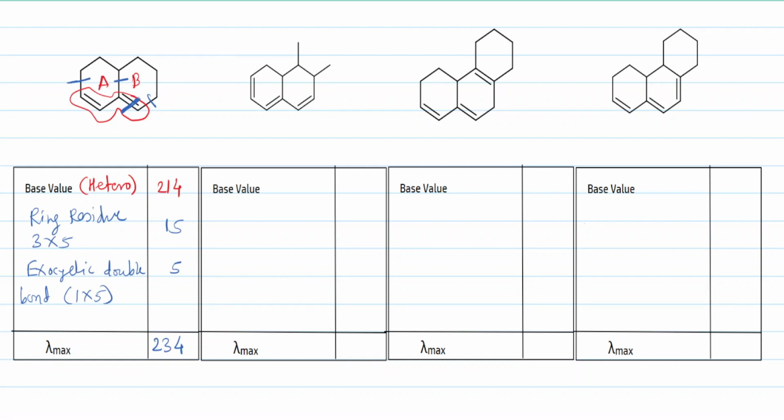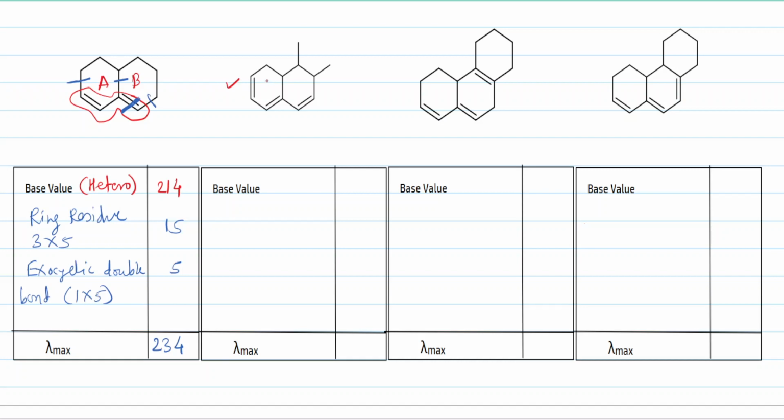Then next is the compound having two rings. Here in ring A, there are two double bonds which are in conjugation, and this double bond is in conjugation with them. So up to this carbon, it is the homoannular diene, and from this carbon up to this carbon, it is the heteroannular diene.